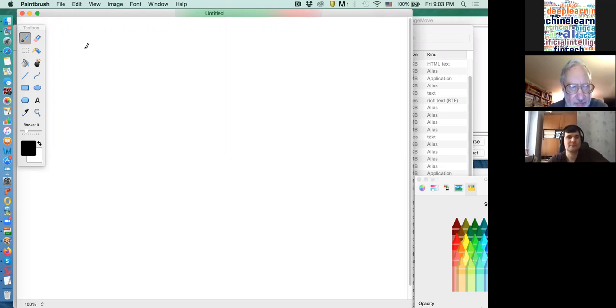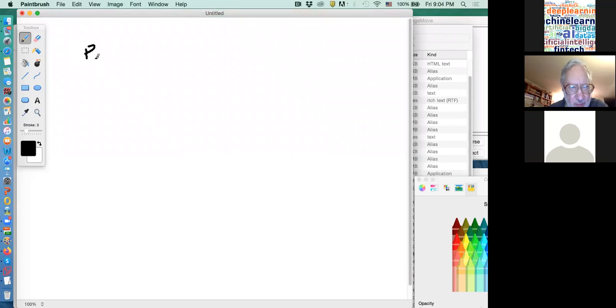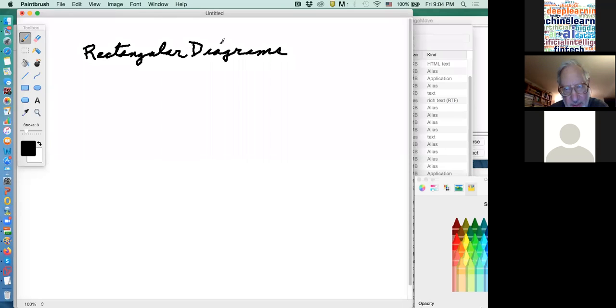So I want to talk a little bit about rectangular diagrams in relation to Nikolai's talk, which is about training a computer to handle these diagrams and to do knot theoretic machine learning.